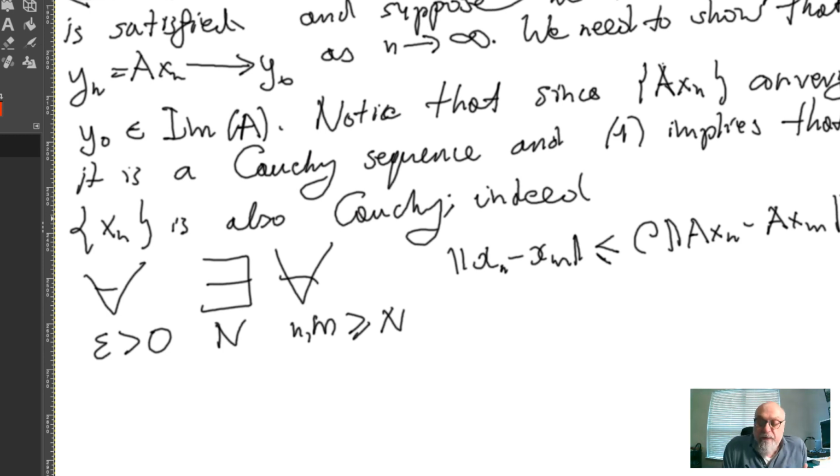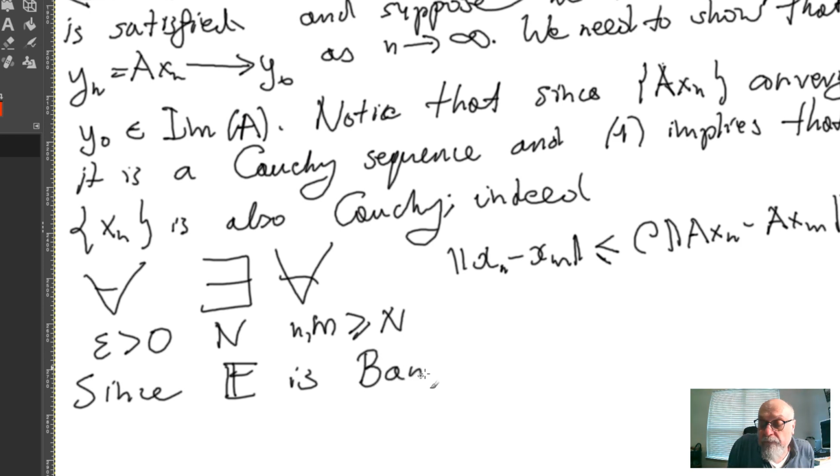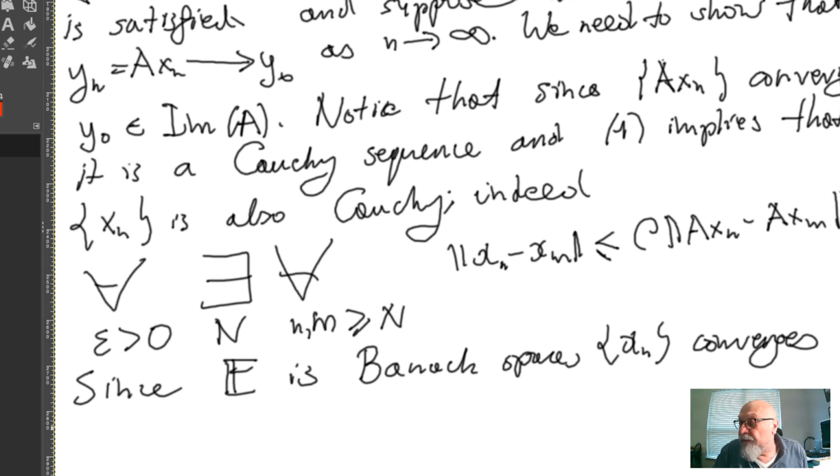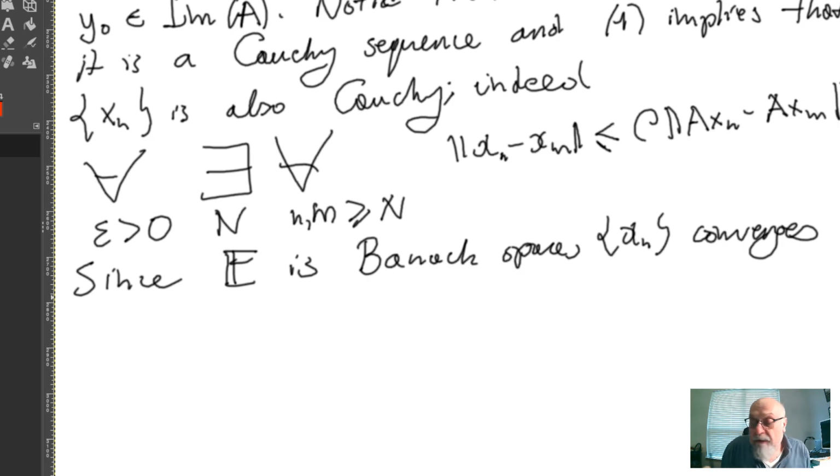Okay, so what does it mean? Since E is a Banach space, the sequence x_n converges, and there exists a limit.